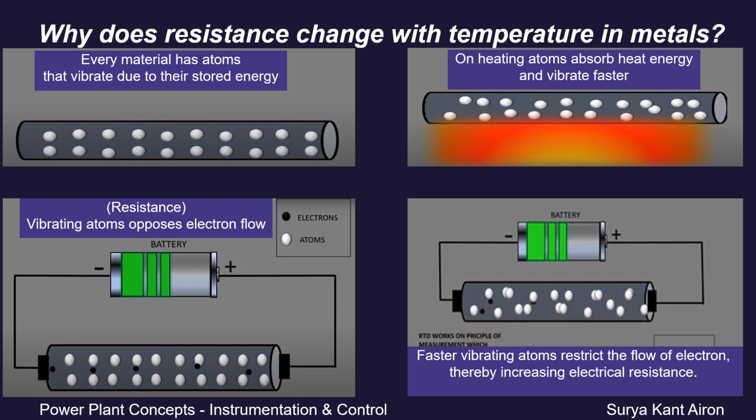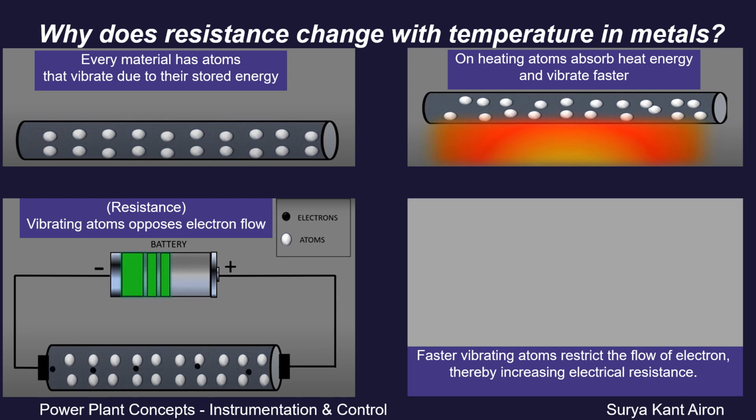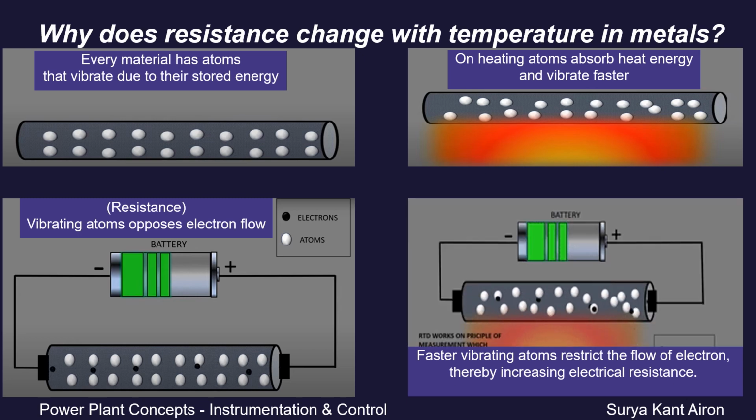And when we connect these conductors to a closed electrical circuit, the current starts to flow through it. We know current is basically a flow of electrons. So these flowing electrons in the conductor collide with the vibrating atoms.